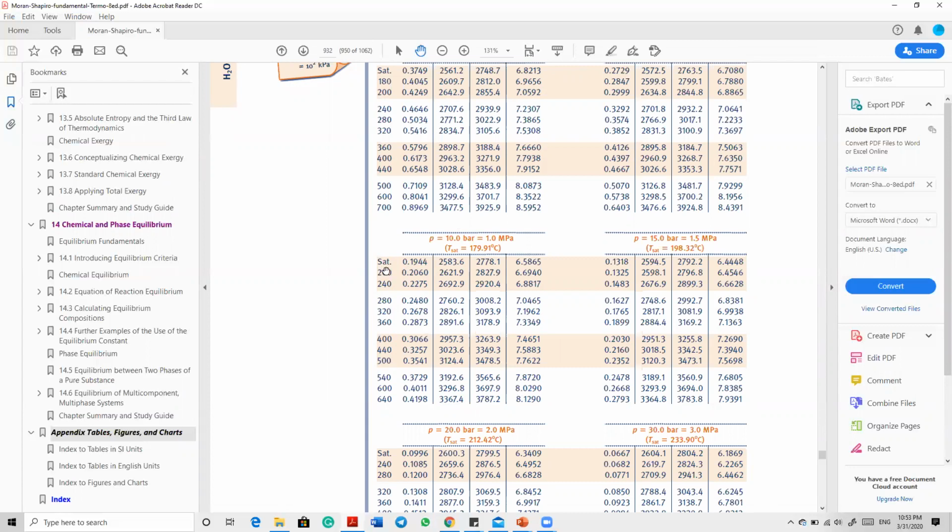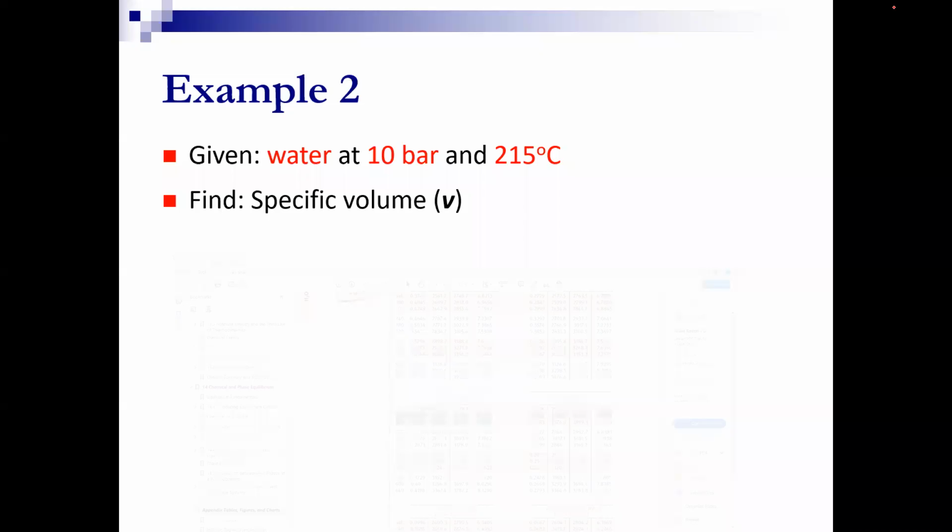I have 200 degrees and 240 degrees Celsius, but my number is something between these two. I'm going to use this row and the row after, plug 200 and 240 into the equation that I gave you previously, and then I will find the unknown value.